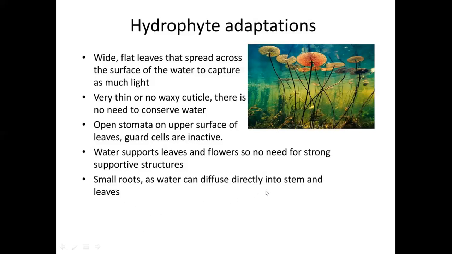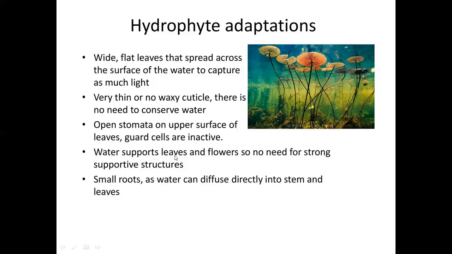As they are located within the water, there is no need of a very developed root system, because all the plant parts can directly absorb the water since they are within the water.